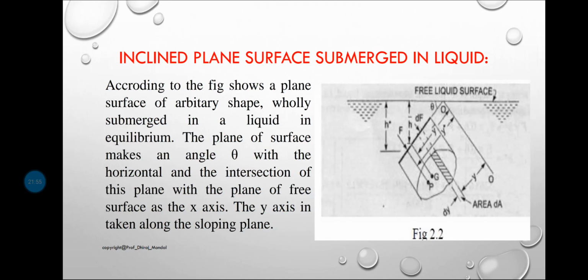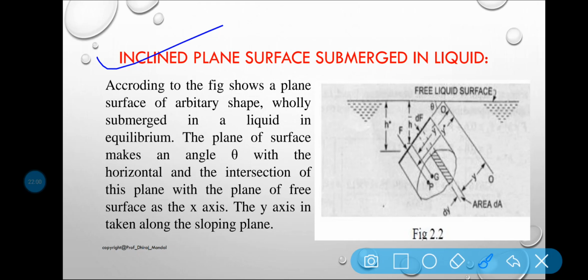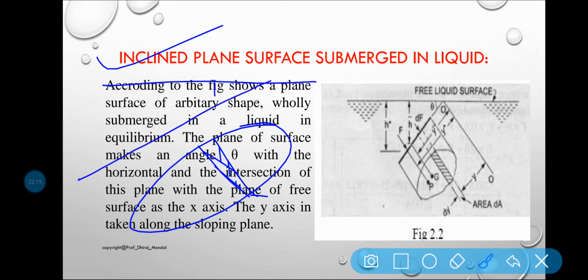Next, coming to the next point: inclined plane surface submerged in liquid. If I am talking about the incline, this is your body, inclined with respect to the free surface. Now you can again take a strip, and it is making an angle theta. You can take this normal line, and from this normal line this distance is your y.